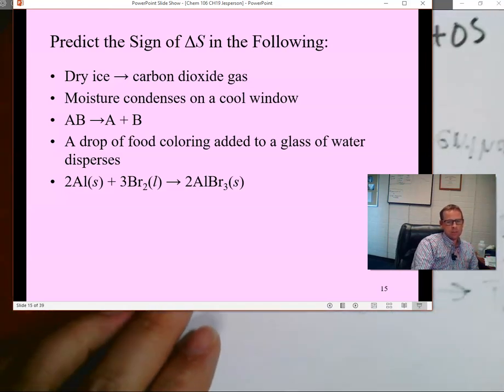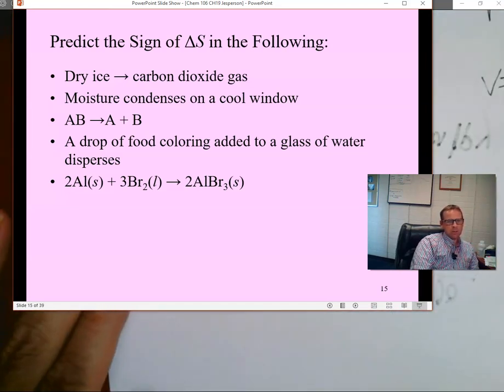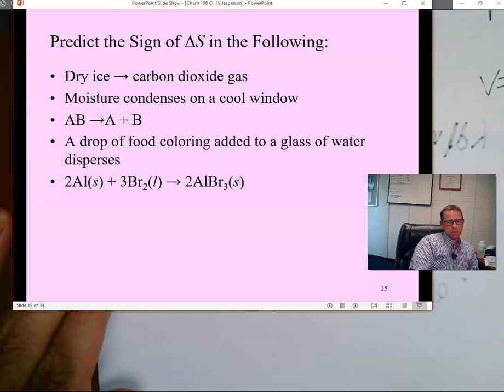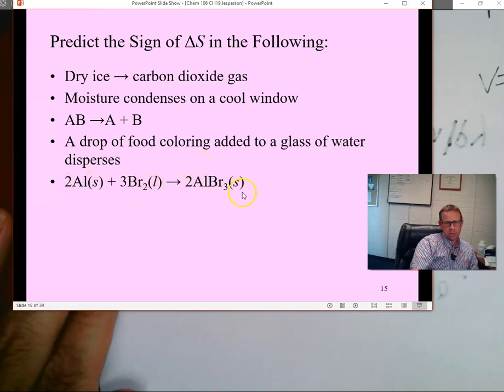And then the last one there, what do we got? We got aluminum and bromine. This is a solid, this is a liquid, coming together to form just a solid. So on the right here, we only have two things, 2 moles of material. Here we have 2 and 3, right?